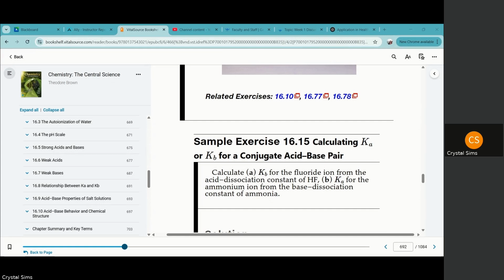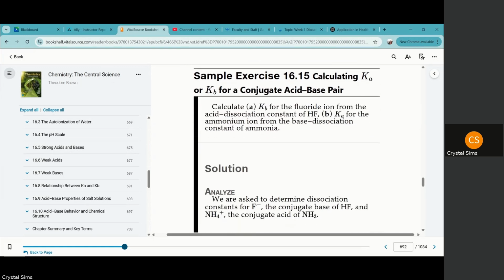The product of Ka and Kb is equal to Kw. Okay, so Ka times Kb is equal to Kw only for conjugate acid-base pairs. We can't use this for any other relationship, only for the conjugate pairs. So let's take a look at this.